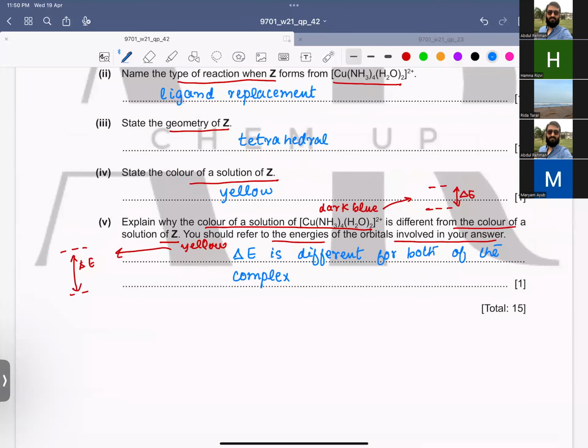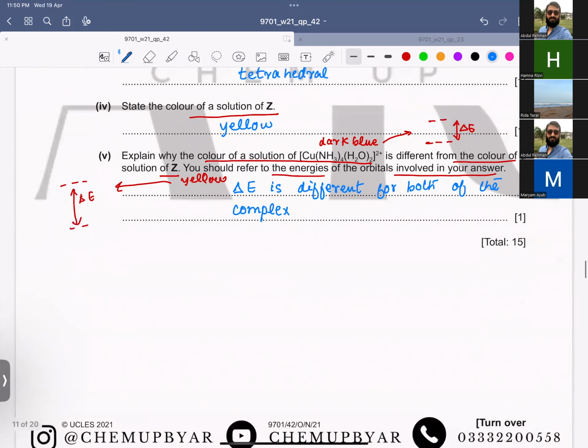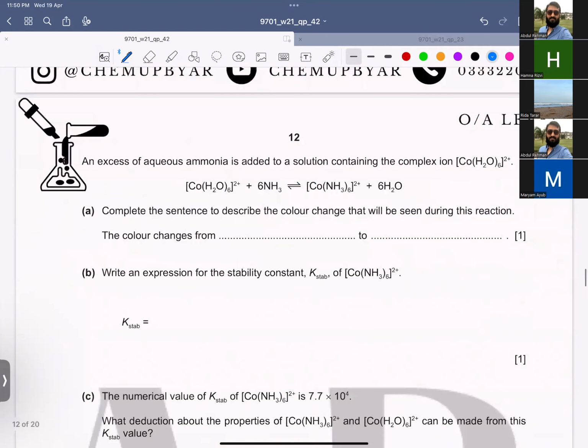Okay, now question number 6. An excess of aqueous ammonia is added.